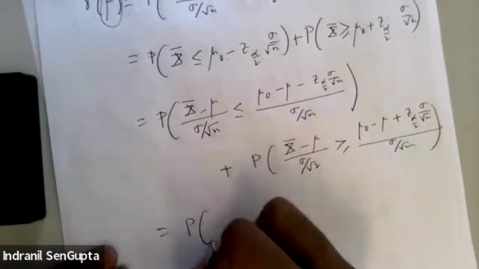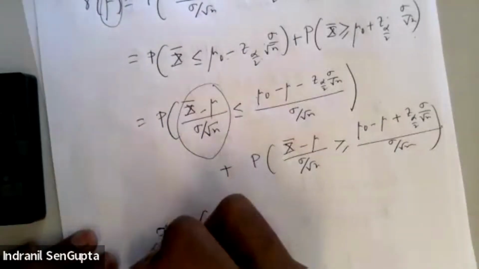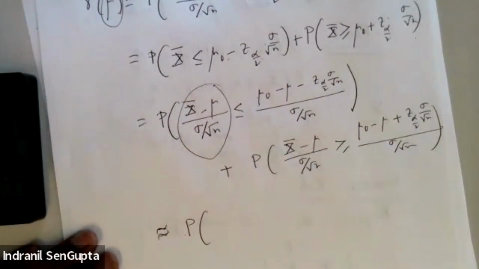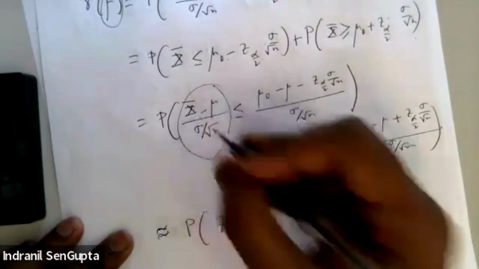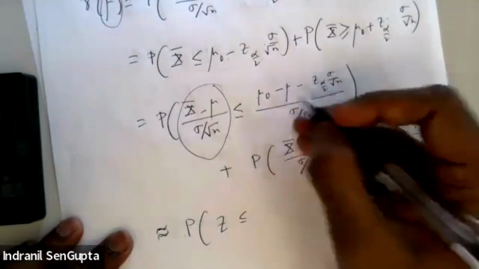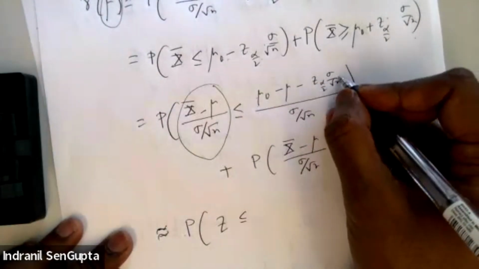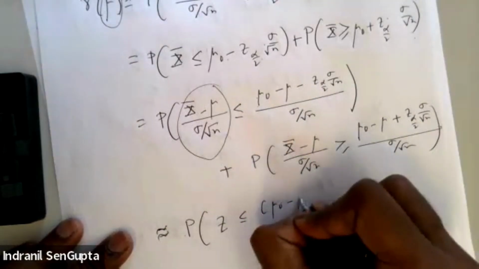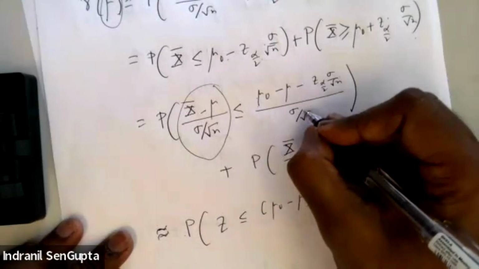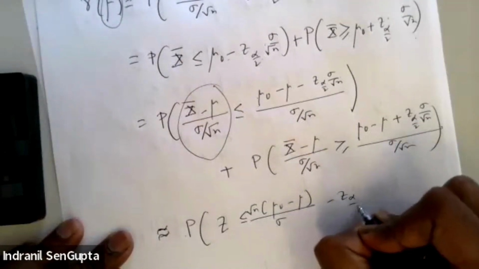The first one is, approximately for the large sample case, the probability of z less than, when I divide by sigma square root of n, (mu 0 minus mu) times square root of n over sigma, minus z of alpha over 2.